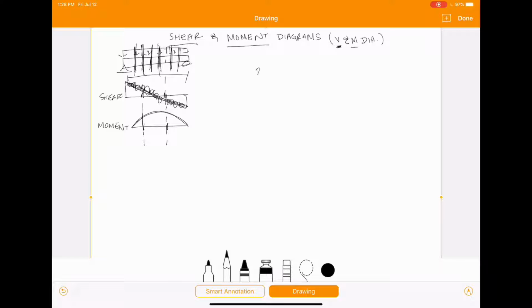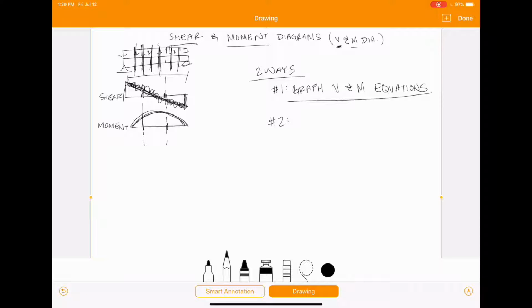So there are two different ways you can draw a shear and moment diagram. The first way is going to be to graph shear and moment equations. You can develop equations for these different graphs and then just graph those lines.